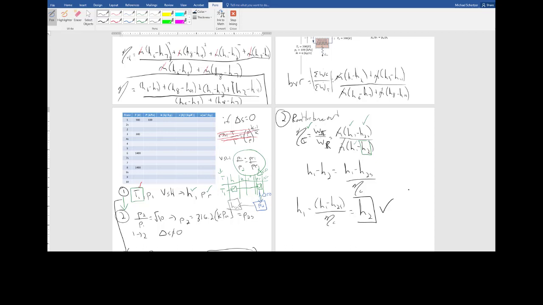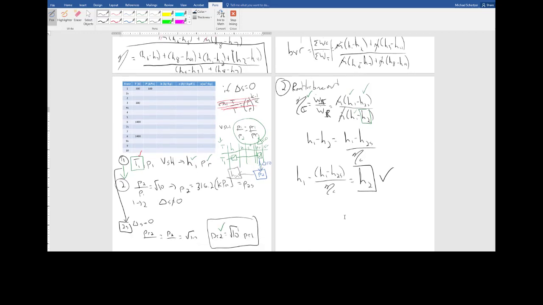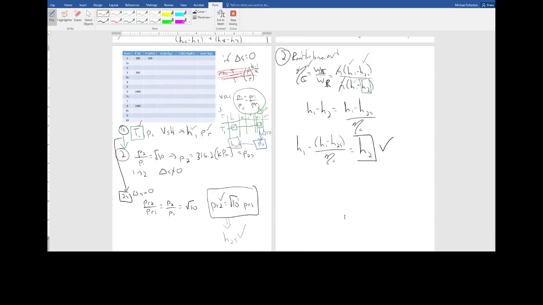And now I fixed that state. Because I'm not going from state 2 to another isentropic process, I don't have to interpolate at state 2 to find PR2. So the important thing to remember here is that we knew the temperature at state 1. So we used that temperature to find H1 and PR1.